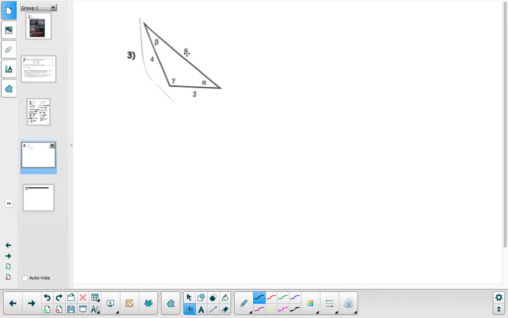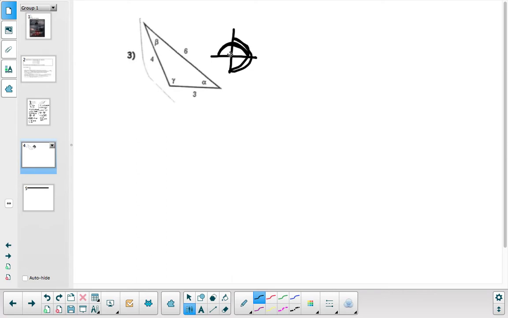Also, sidetrack: law of cosines doesn't have that ambiguous case because we get the full range of 0 to 180 with inverse cosine. Inverse sine, we don't. We get negative 90 to 90. So we don't get those obtuse angles over here.